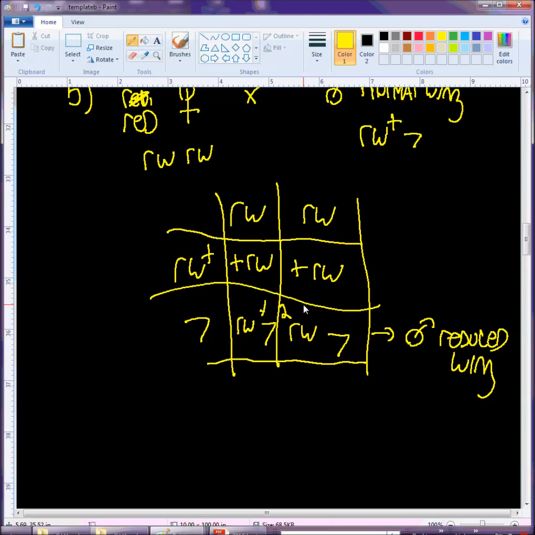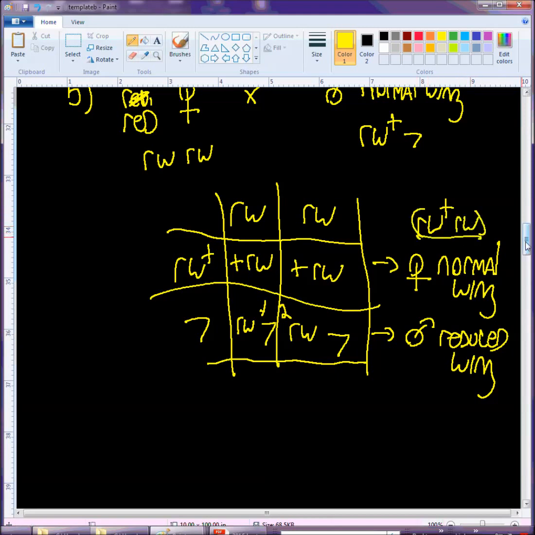And the females are normal winged, so they are heterozygous. They have one dominant wild type allele for reduced wing, so they end up being normal wing, because they have the RW plus RW genotype, all of them do.